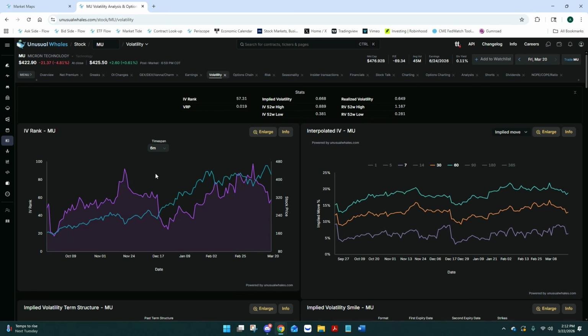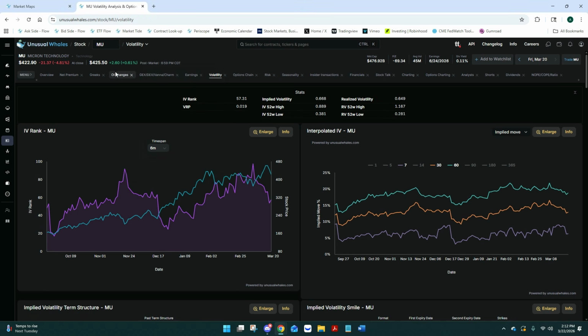I learned that IV rank from Limitless over on Twitter. Very good follow for gamma. IV rank cannot go above 100, cannot go below 0. So we're kind of in the middle here, nothing super unusual. Maybe if you see a spike up or spike down, that's what you're looking for, seeing what price does when it spikes up or down. Not really seeing too much on this one.